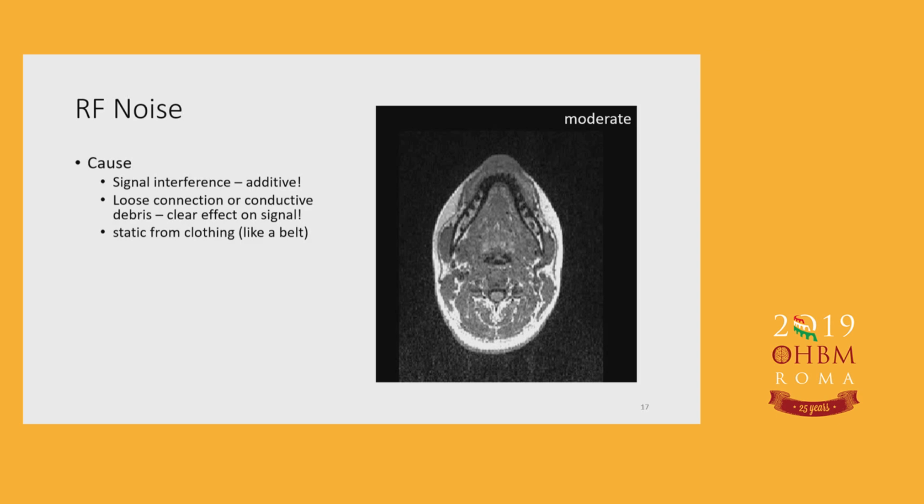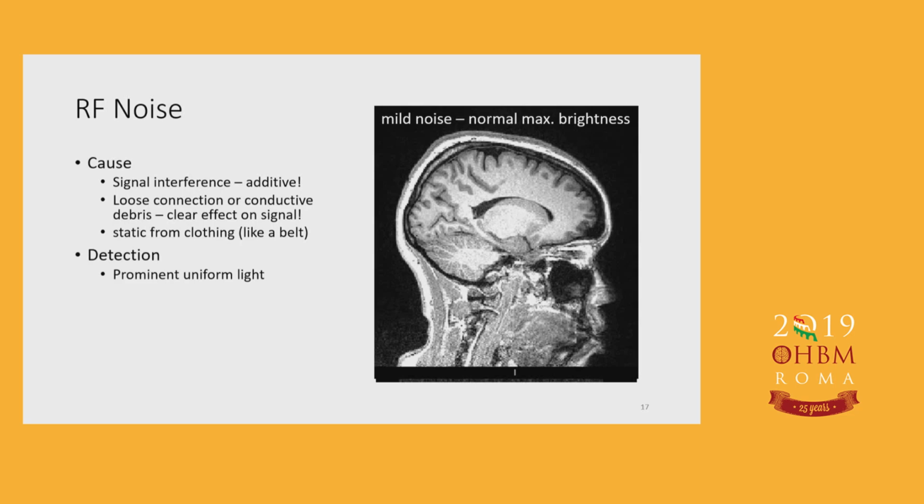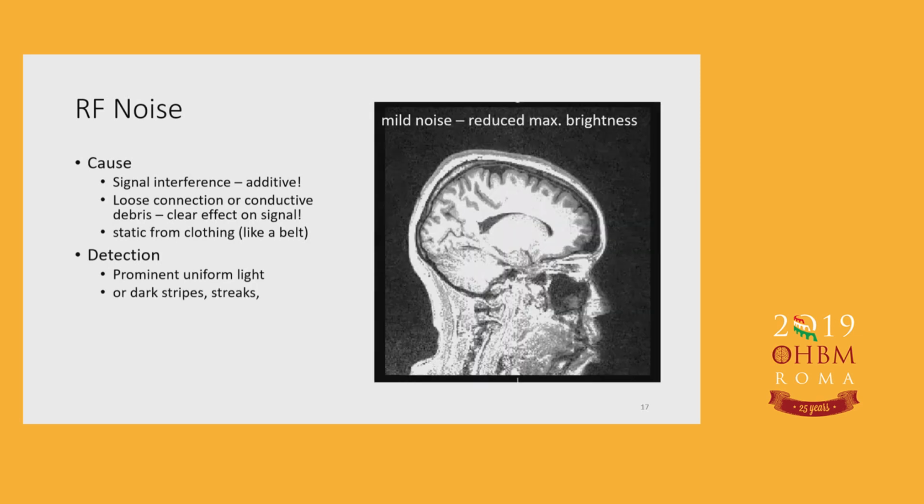And even simple clothing such as a belt can cause this RF noise. You want to look for uniform light. For example, this is a mild level of this artifact with regular viewing, as in normal maximum brightness. And if you reduce the maximum brightness, it becomes really apparent in this case.